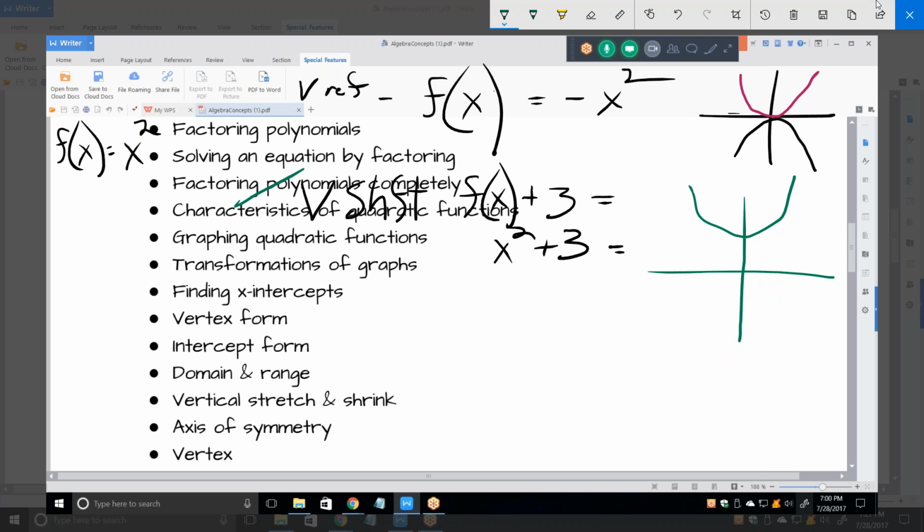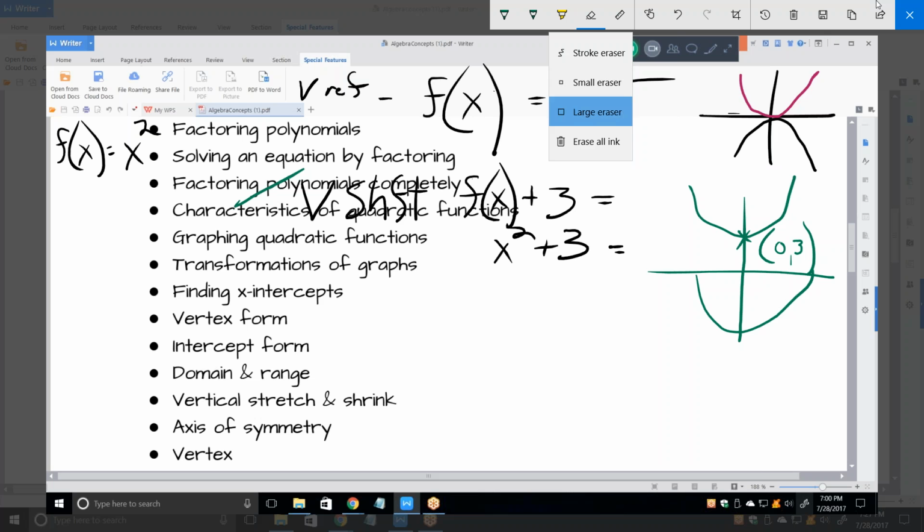Does not change the shape. You still have exactly the same looking parabola. It's just the vertex is now at 0, 3, right? That's what that point is. In other words, all I've done is a vertical shift. If that was a negative 3, then I would move it down 3, and it would look like that.